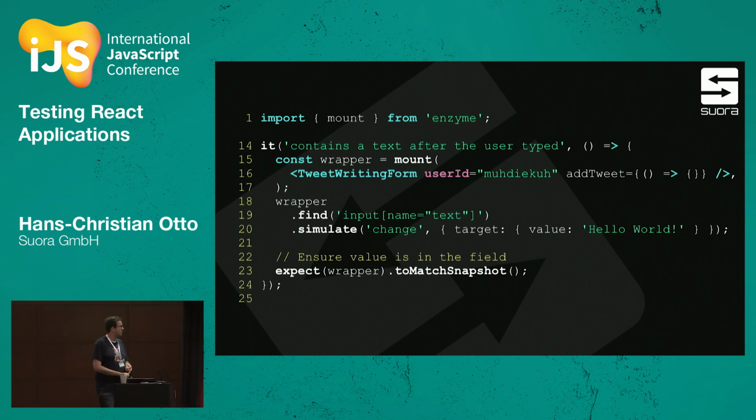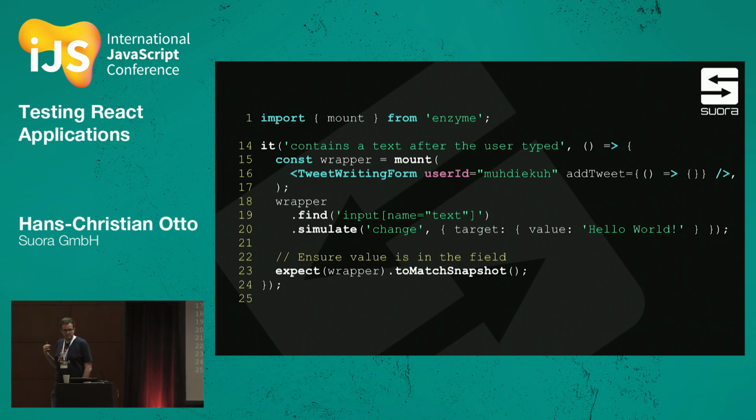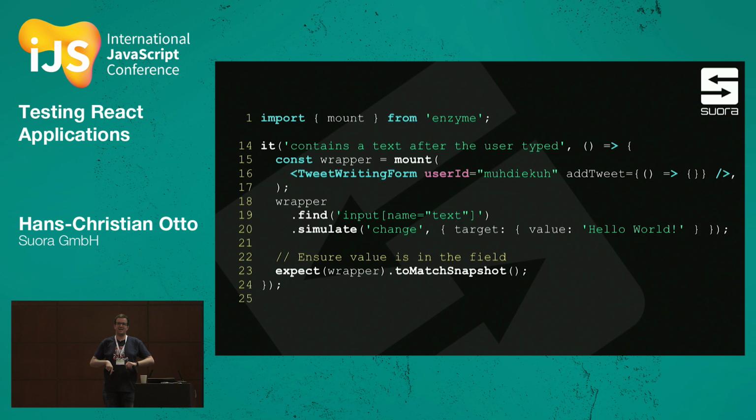So what lines 18 to 20 actually do is, within the text box that is in our tweet writing form component, I simulate a change event that says, okay, there should now be hello world within the input form. And then I could ensure that it contains hello world, or I just use a snapshot test, or whatever you want, to make sure that users can actually enter text.